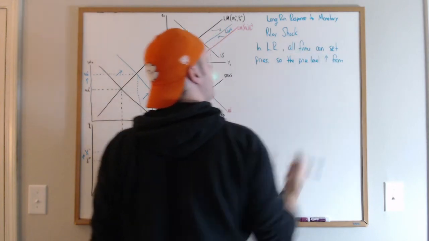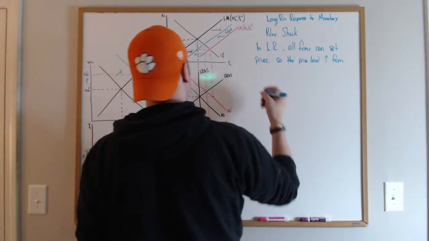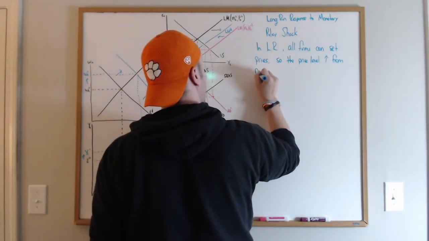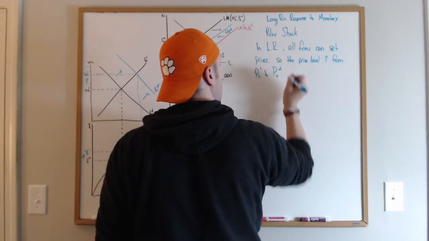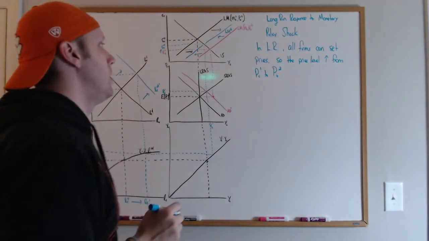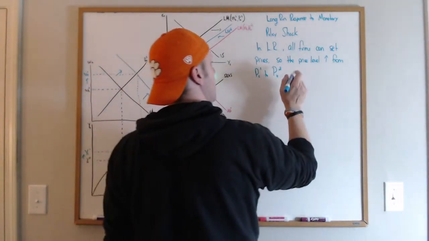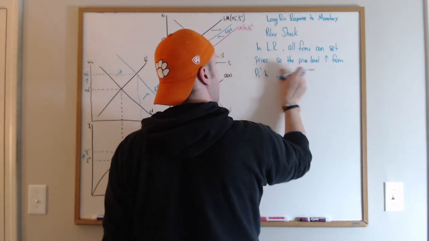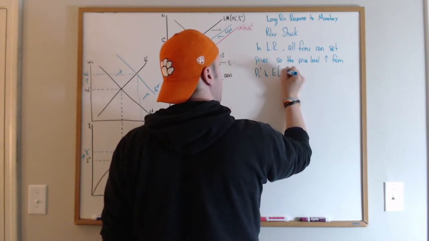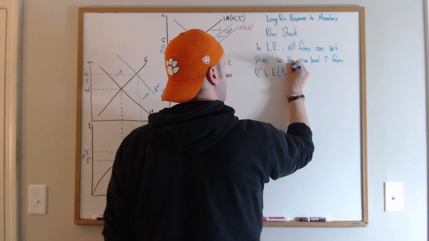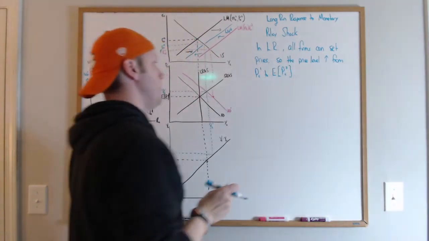So because all firms can set their prices, the price level is going to jump from this PT prime to PT2, right? But it's not just going to be PT2, it's actually going to be the expectation of PT2, the expected price level.